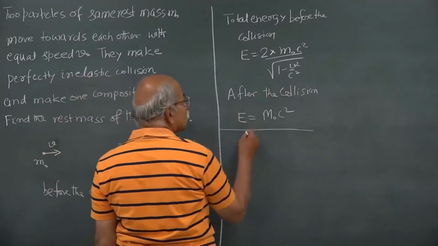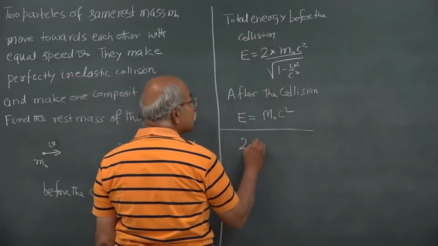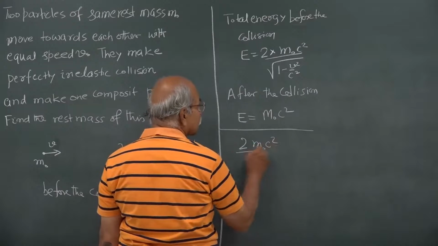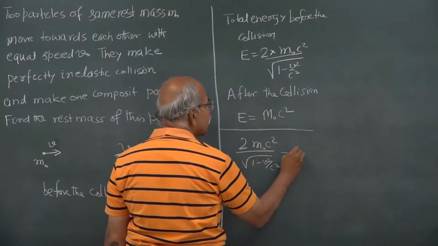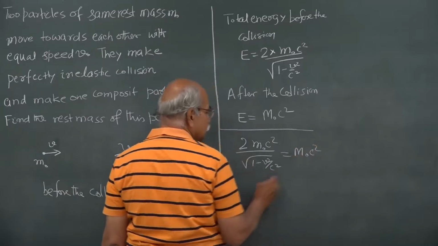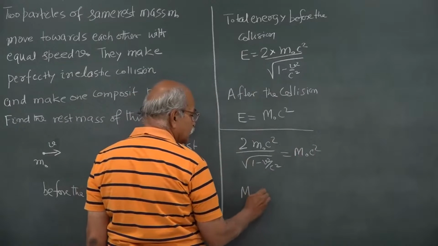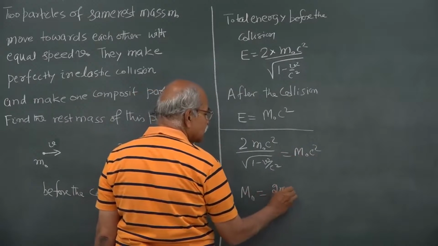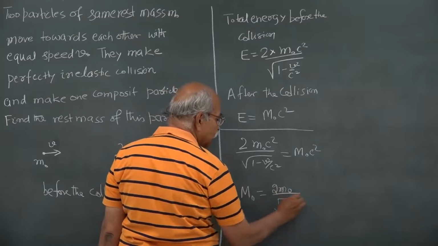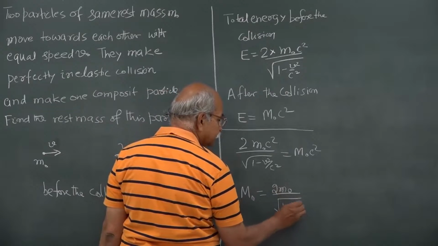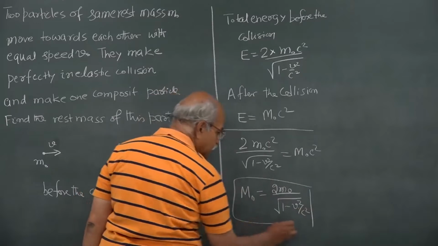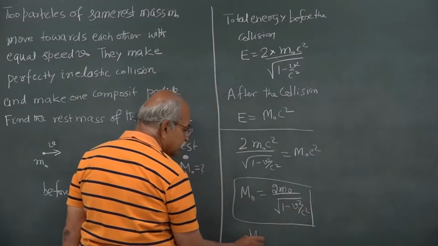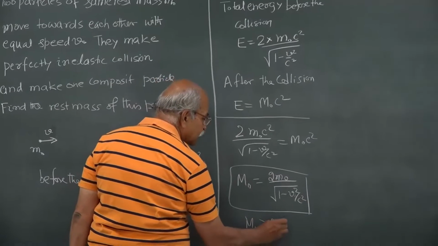So this total energy should be conserved. So 2 times m naught c square divided by square root of 1 minus v square by c square is capital M naught c square. So capital M naught is 2 times m naught divided by square root of 1 minus v square by c square. So that is the rest mass, and you see that this rest mass is greater than the original rest mass.